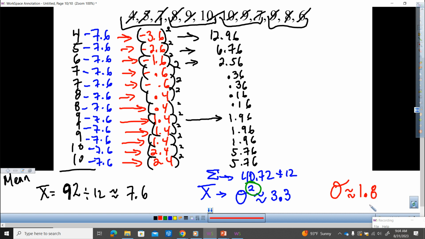Hands, if you got 1.8, looks about right. So this is our standard deviation.